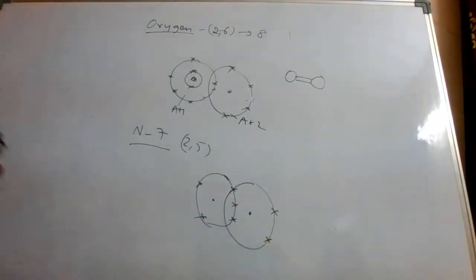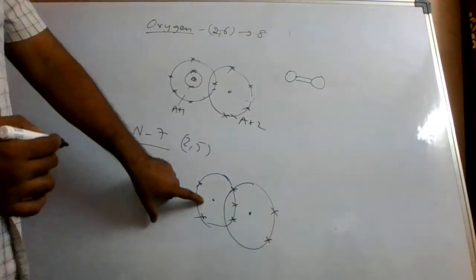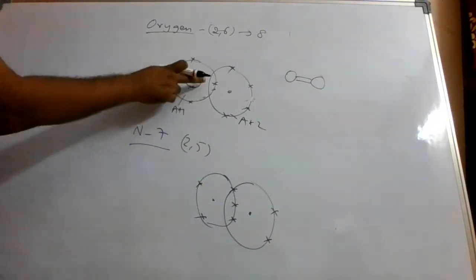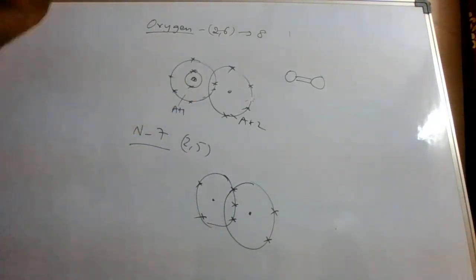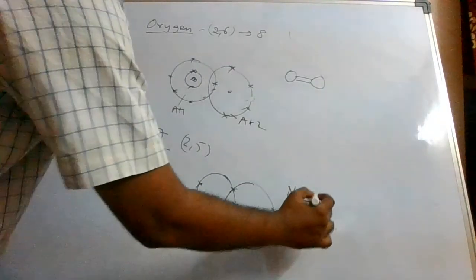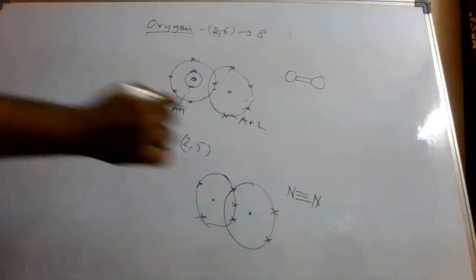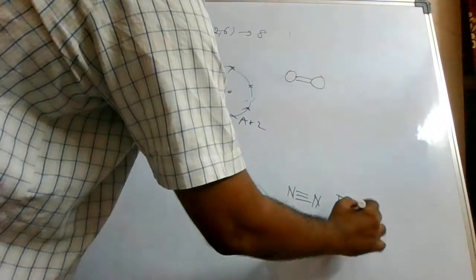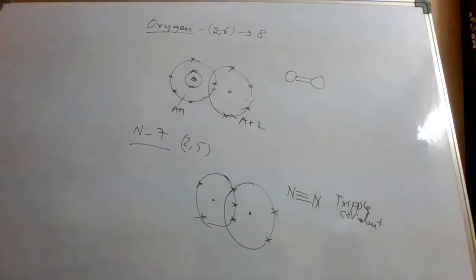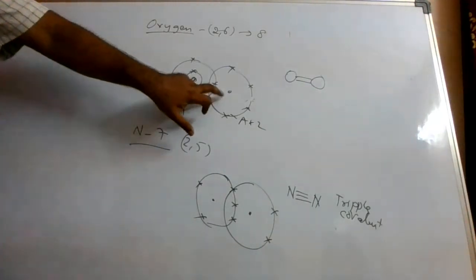This is the nucleus. So this is one nitrogen atom, this is another nitrogen atom. So how many are shared here? 3. How many are shared here? 2. The case of carbon is a special case that we will see. So here 3 are shared. You can write N, 3 dashes and N. So it is a triple covalent bond. So this covalent bond formation is happening to make a more stable structure. Okay, here it is a double covalent bond.